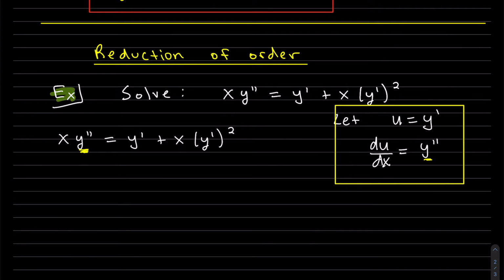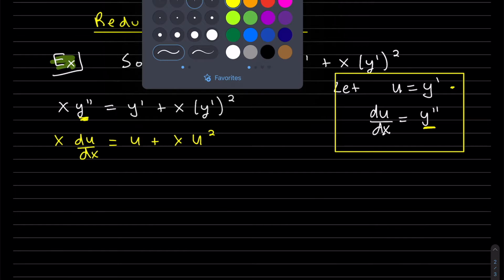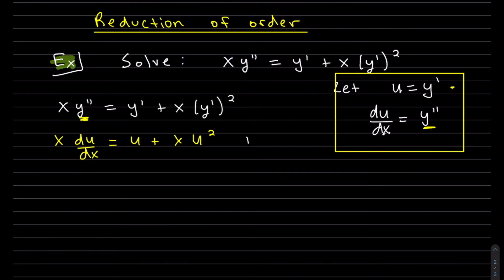So y double prime is du dx. And y prime is just u. And y prime, that's u squared. Since we have u squared, what are you guys thinking of? Maybe Bernoulli? N equals 2? Try it, but we're not in the right form of it.